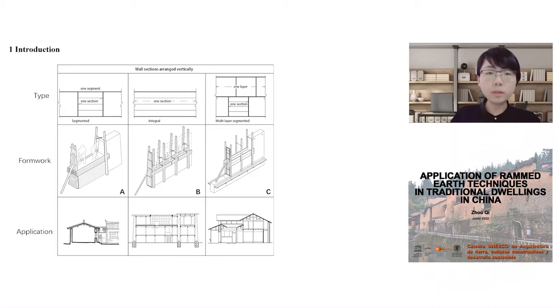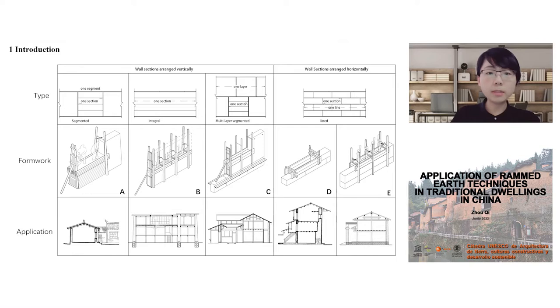The former include segmented, integral, and multi-segmented construction methods, and the latter refer to the land construction. For each different arrangement, there are different formworks, and they are used in different buildings. Today, I will introduce these techniques from their type and formwork to their application.